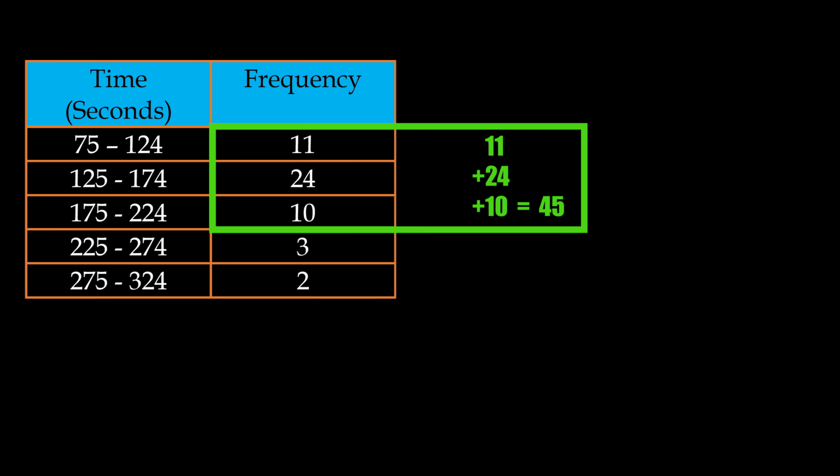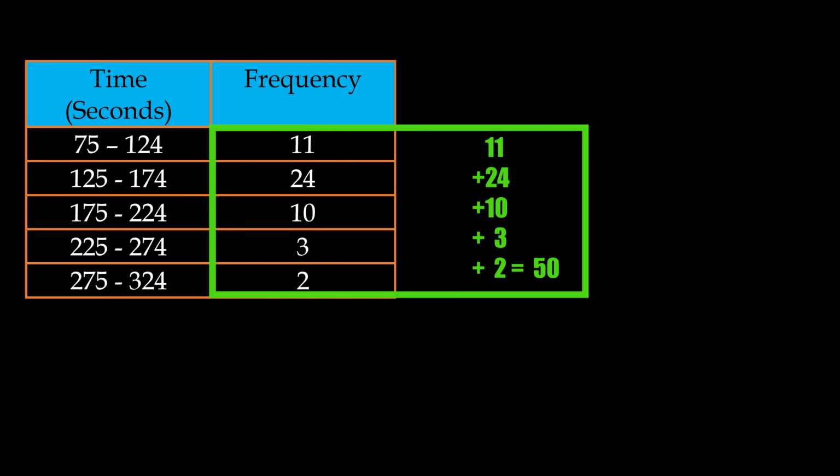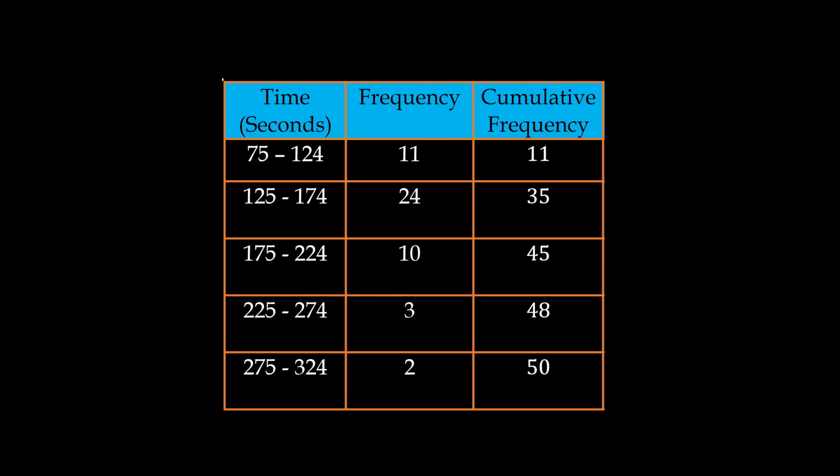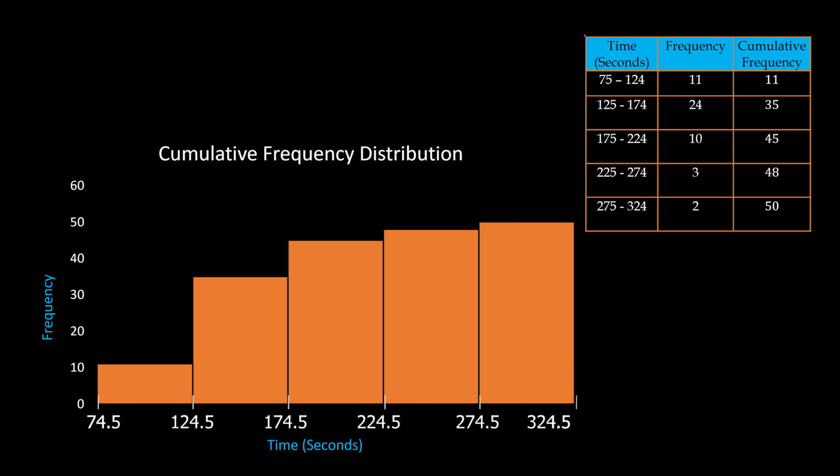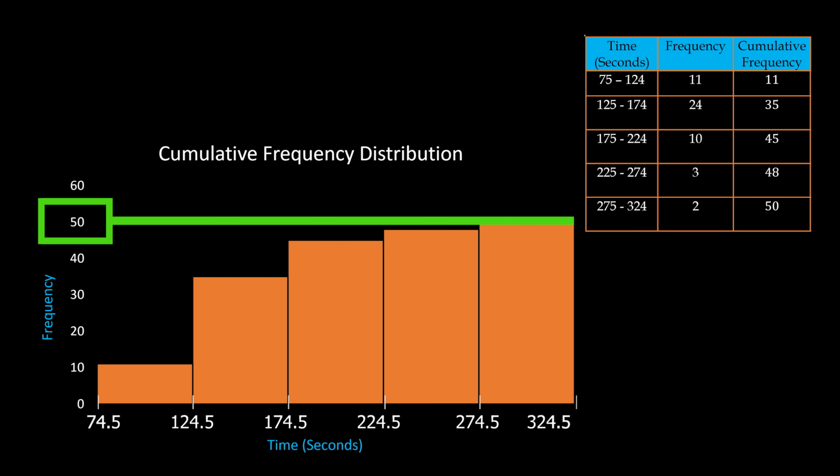The cumulative frequency up to my third class is 45, and so on and so forth. Notice how if we were to plot this on a histogram, the bars will be increasing from left to right, and they will always end when the total frequency is met.